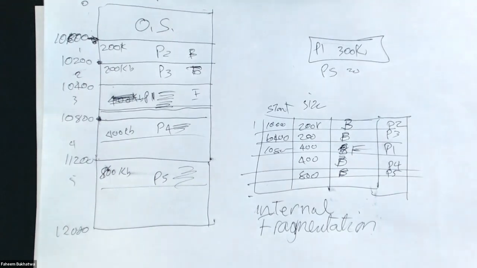Right, okay, what else? I'm sure there are more questions in there. What's the advantage of fixed partitioning? If you get a question, okay, describe fixed partitioning and give me an advantage. What's the advantage of fixed partitioning when compared with dynamic partitioning? Any idea?